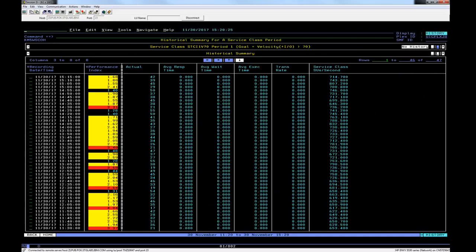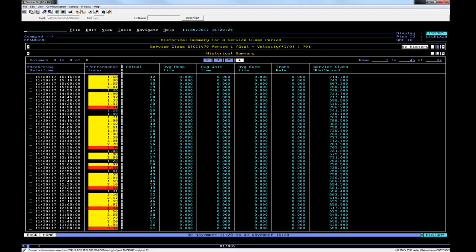But anyway, you have basic information here about the transaction response times. If the subsystem that the service class represents actually reports those response times, you'll see them here. The service unit consumption and the actual performance of the service class against its goals.